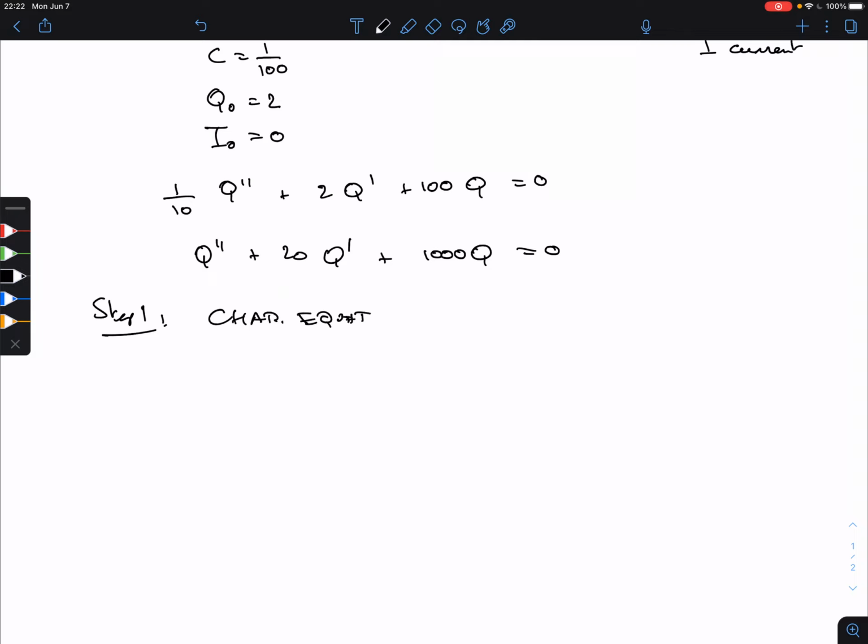Because it's a second order equation with constant coefficients, we get T squared plus 20T plus 1000 is 0. Now you could try to factor, but when the numbers get big, let's just jump to the quadratic formula.